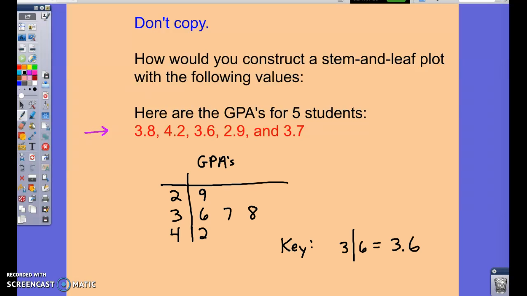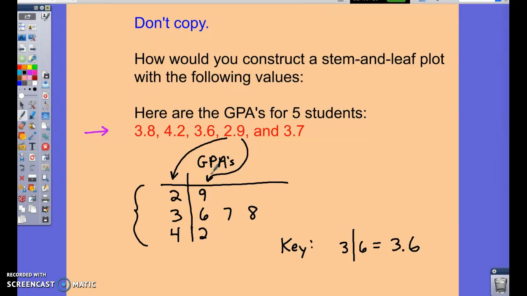Okay, I'm back here now with the final example. And if you take a look at this stem and leaf plot, this is showing the GPA for 5 students. And what we did is we represented each of the 5 students' GPAs down here in a stem and leaf plot, but this one being a little bit different where the stems are actually the first digit of the grade point average and the leaves are the last digit, okay?